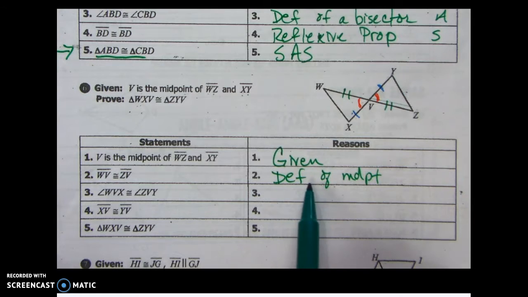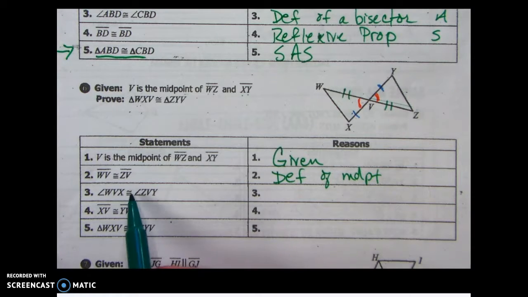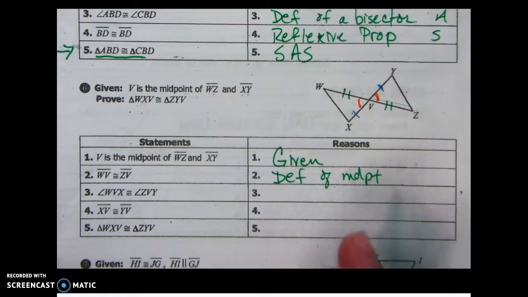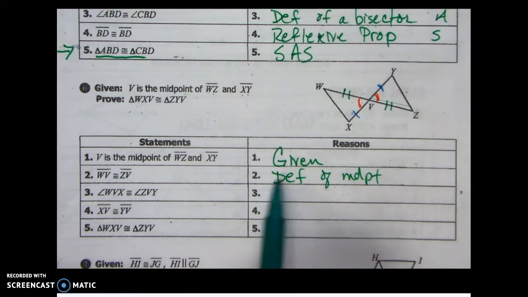So certain parts of information lead to the congruent sides or angles. Bisectors and midpoints are what lead to congruent sides or angles. So we write those down, but then from those we get our congruent sides in this case.